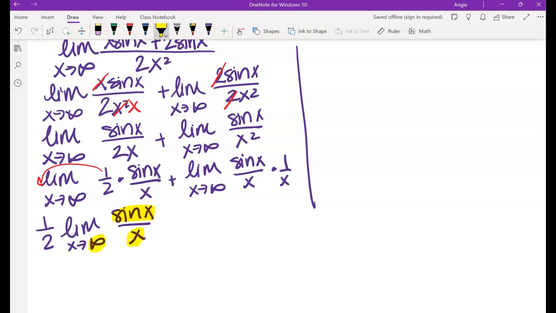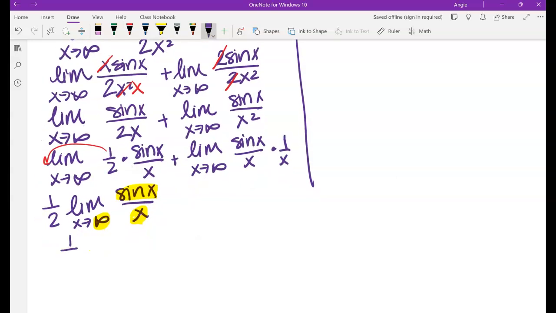An infinity number meaning, just pick 1,000 for the sake of simplicity. If you have -1 divided by 1,000, that's a negative tiny number close to 0. You pick +1 divided by 1,000, it's a positive tiny number close to 0, but 0 doesn't have positive and negative. So for this one, it's going to be 1/2 times 0.